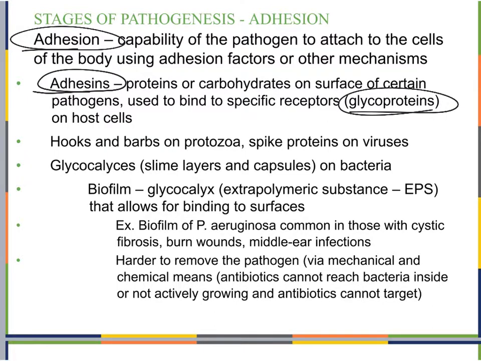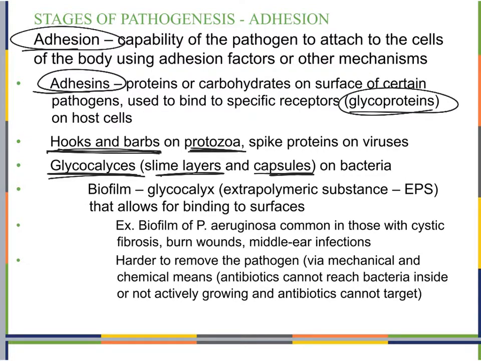We also have other mechanisms that aren't specifically glycoproteins on the surface. So also think of glycocalyces. We have slime layers and capsules, these kind of sticky things that allow them to attach. In protozoa, oftentimes we see things like hooks and barbs. So remember back to our Taenia, our different worms, our helminths, that also have hooks.